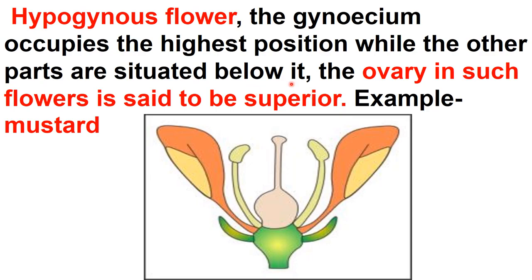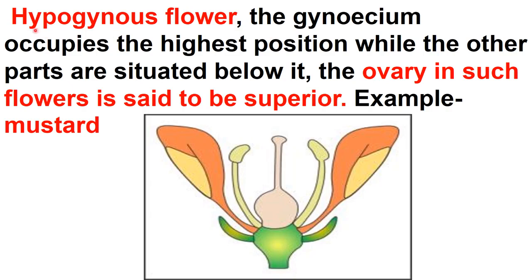So in such situation, the ovary in such flowers is said to be superior because it is highest in position. Okay, it is present above all these other roles, right? So we can say that ovary is superior, and such type of flower is called hypogynous flower, right?